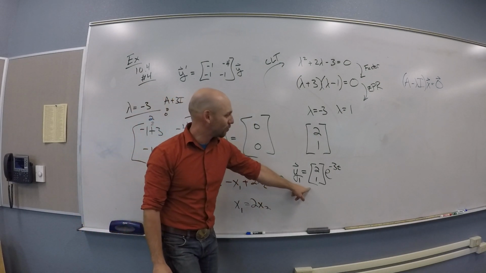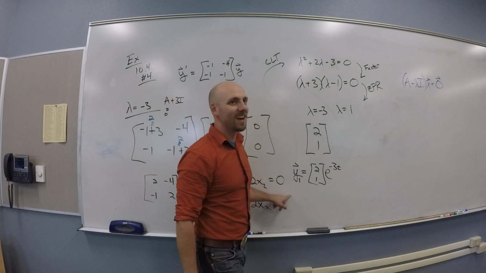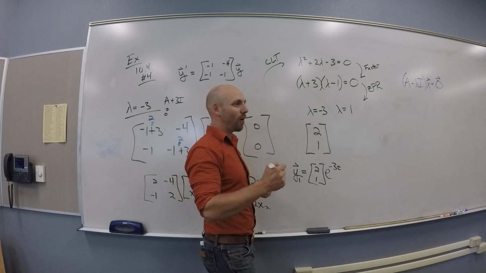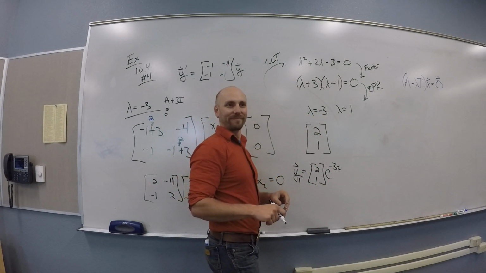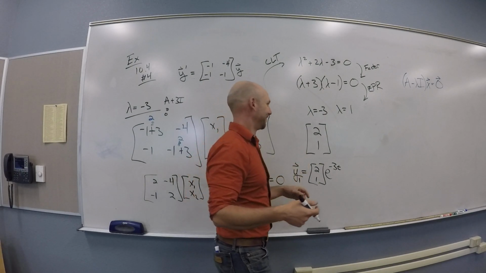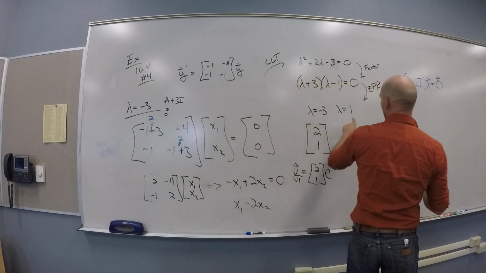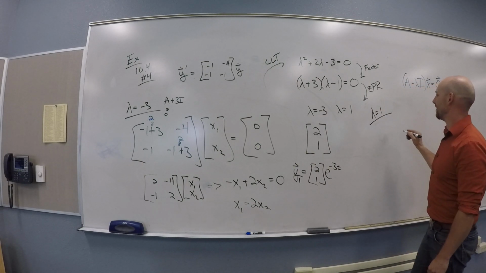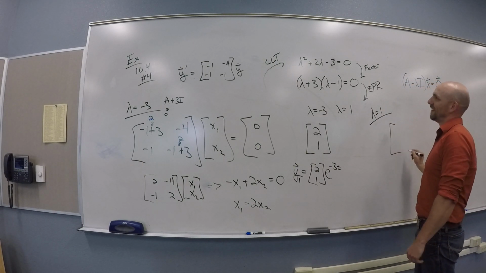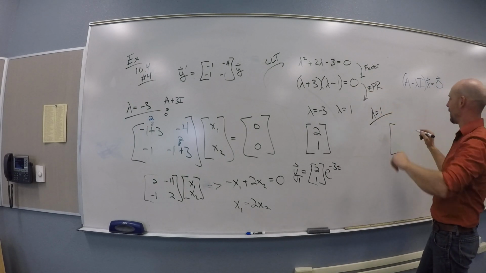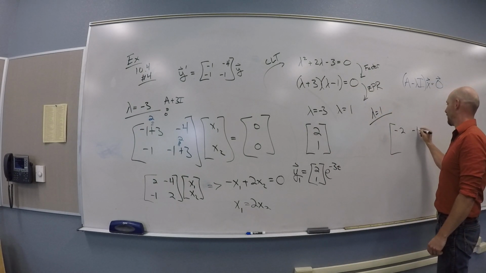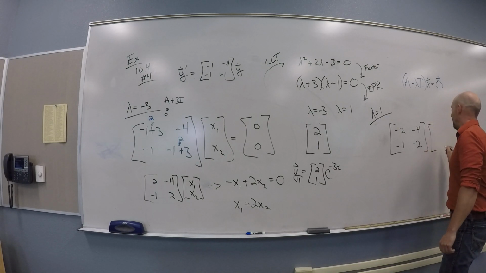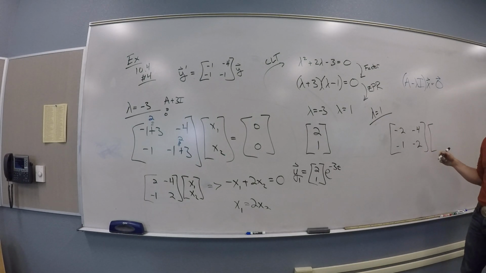Okay, so that's one of my solutions. To get the other one, do the same thing with lambda's 1. So in lambda's 1, you got your matrix, minus 1 on the diagonal, gives you minus 2, minus 4, minus 1, minus 2, multiplied by some other x1, x2.